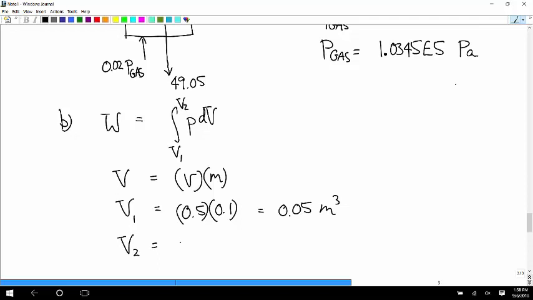And V2 is equal to 0.3 times the mass, 0.1, and that's equal to 0.03 meters cubed. And now we're ready to do the integral.